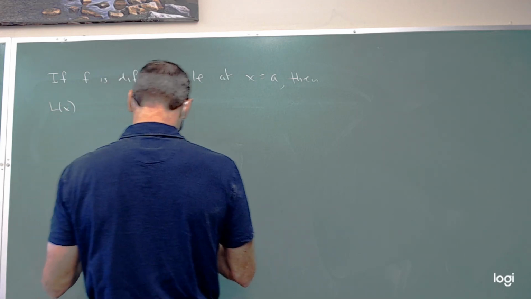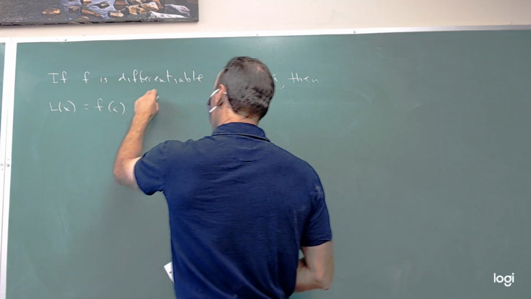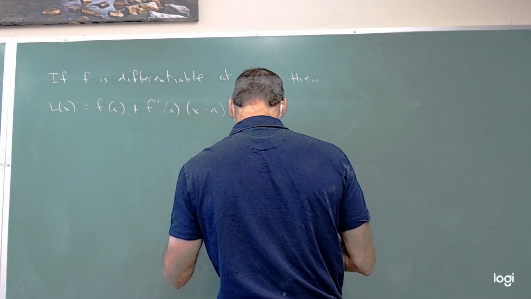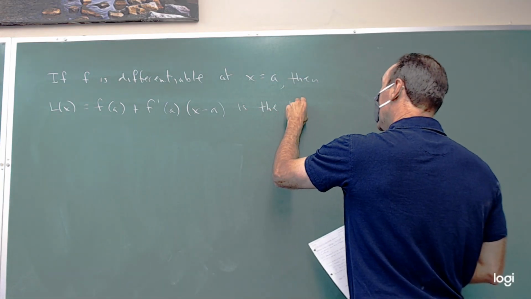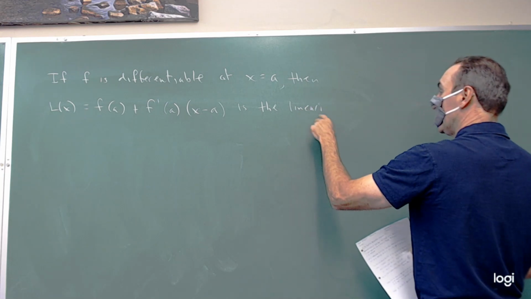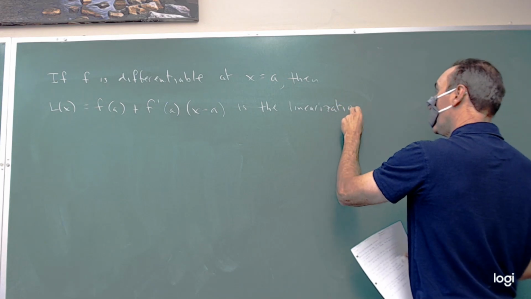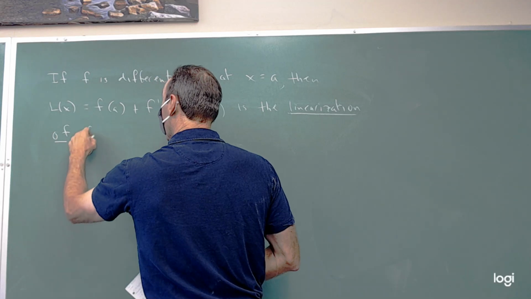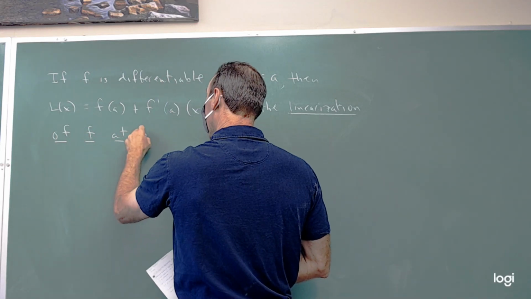Then L of x is equal to f of a plus f prime of a times x minus a is what we call the linearization. So here comes some words now. Linearization of f at a.